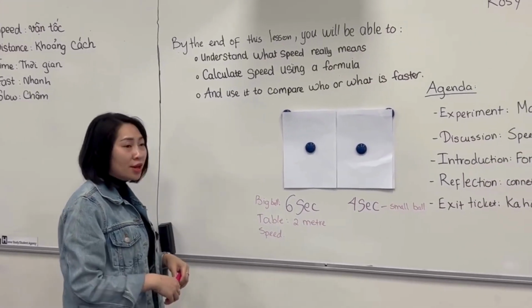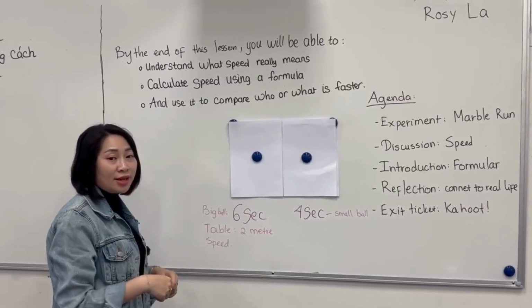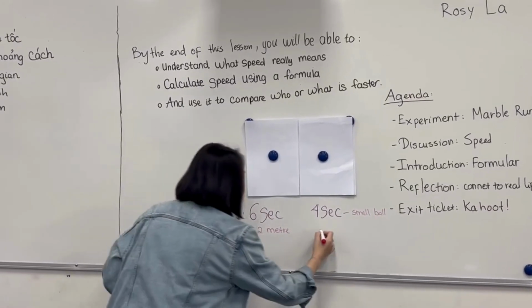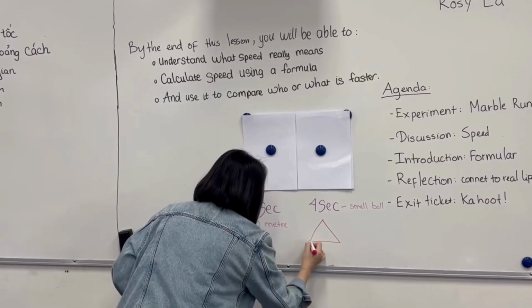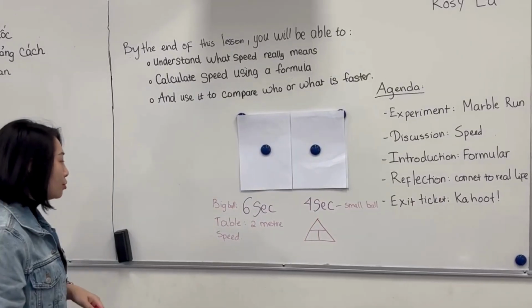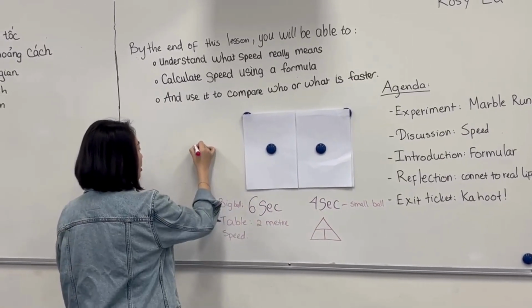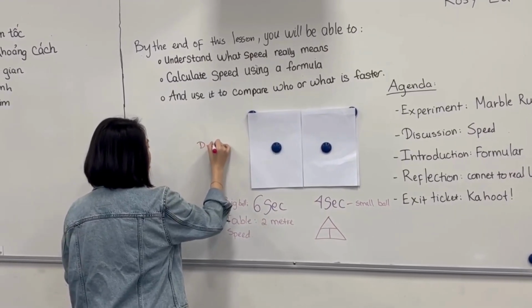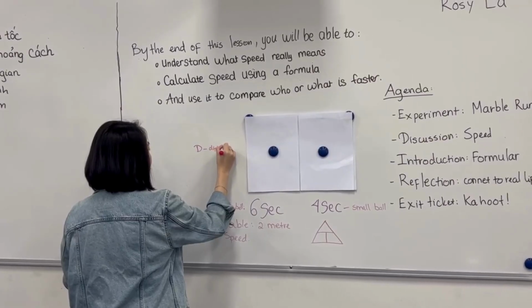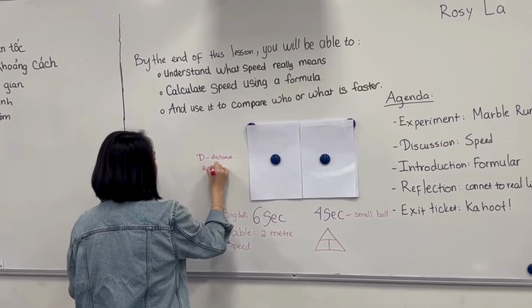So if I'm going to put these 3 things together inside a triangle shape like this. We already know the D is distance, which is the 2 meter table.